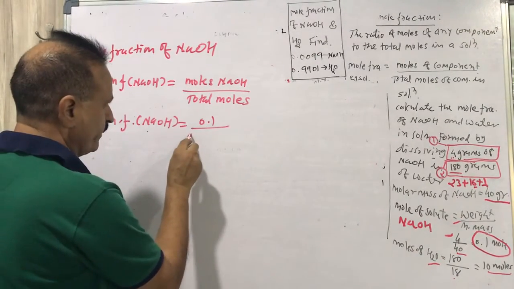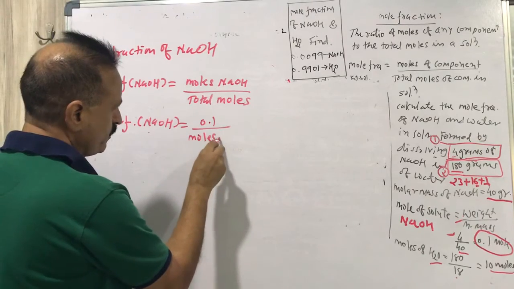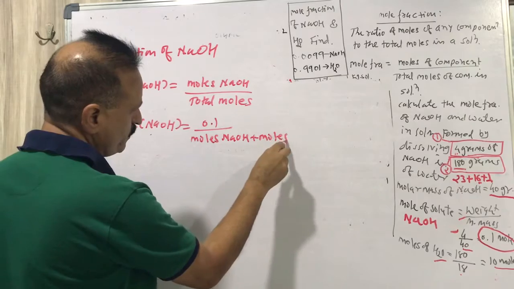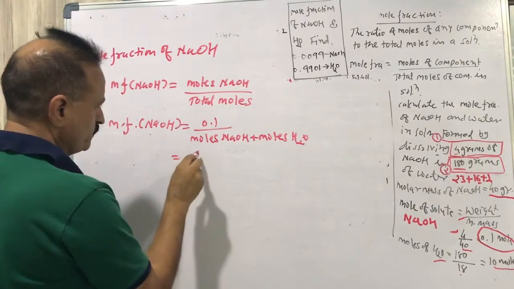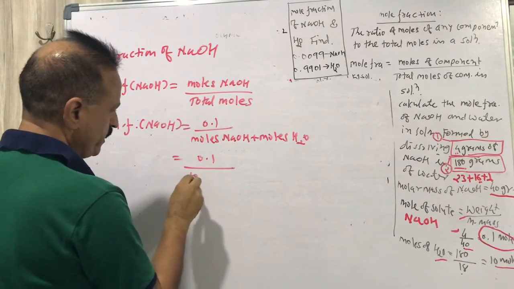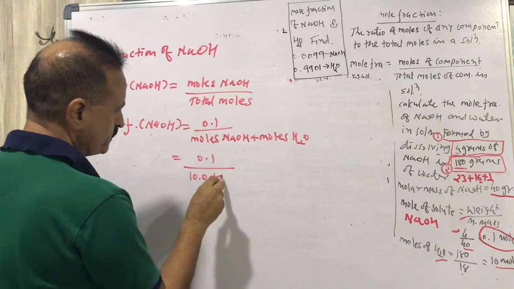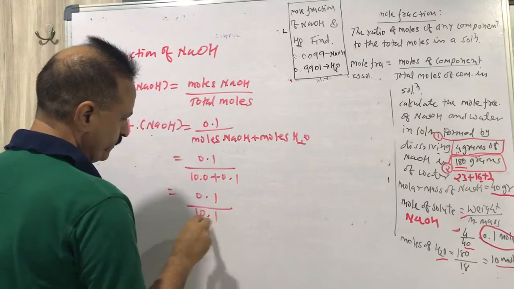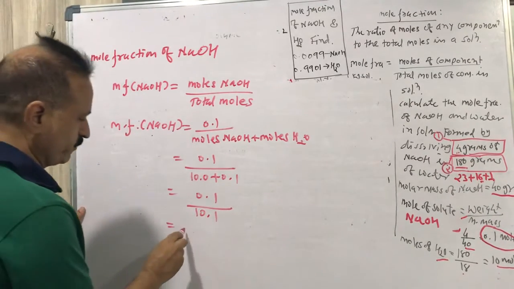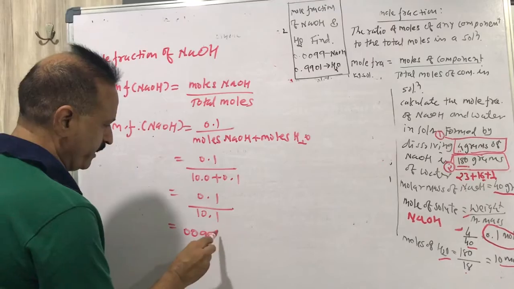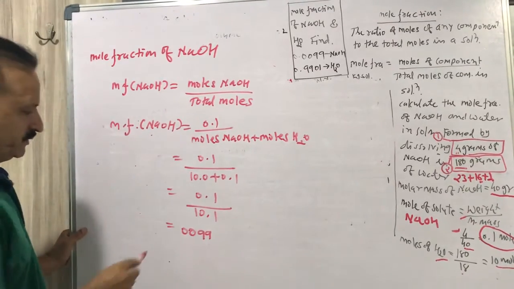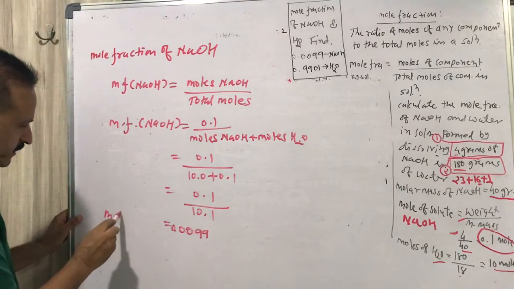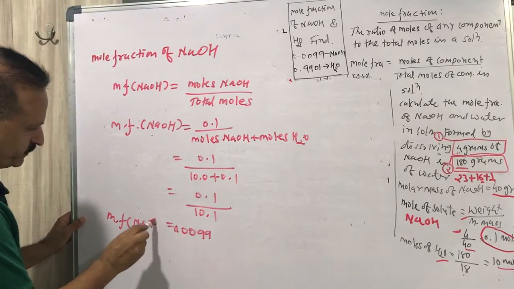So total mole means the moles of NaOH plus moles of H2O, means 0.1 upon 10.0 plus 0.1, means 0.1 upon 10.1 will be the value 0.0099. So it is the mole fraction of NaOH.